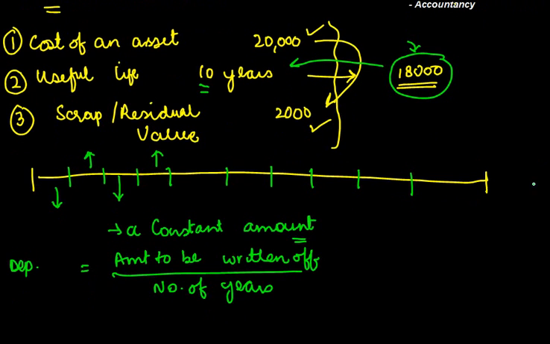The answer is simple. 18,000 divided by 10, or 1,800. Right? If I write off 1,800 over each of these 10 years, the sum total will come to 18,000. But 18,000 is nothing but the amount to be written off, divided by the number of years or the useful life.